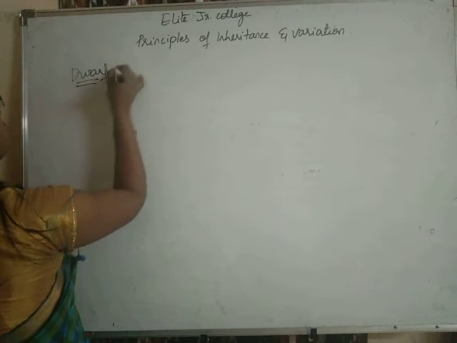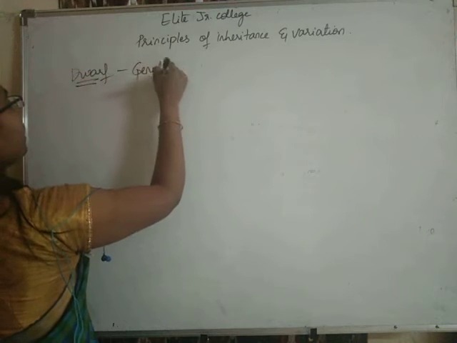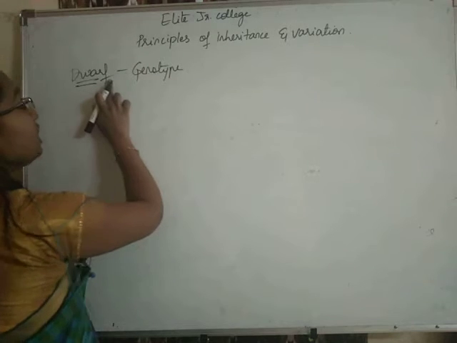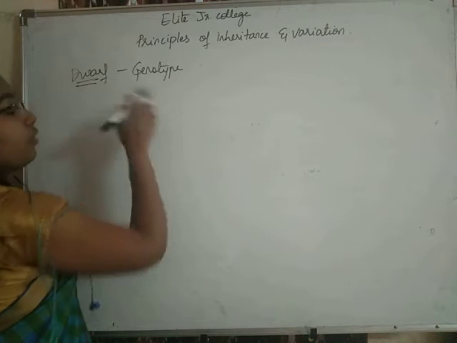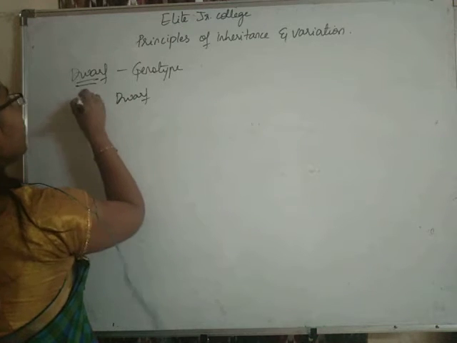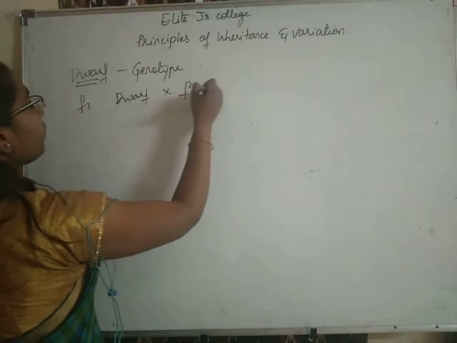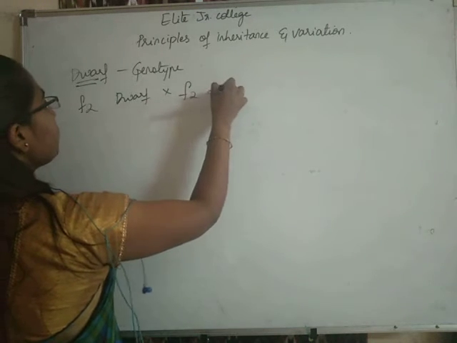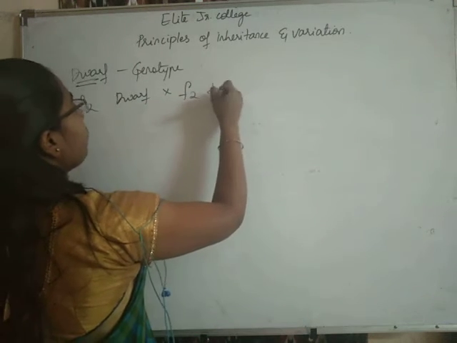If we have to see the dwarf plants' genotype, then what we do is continuously self cross them: F2 dwarf into F2 dwarf.